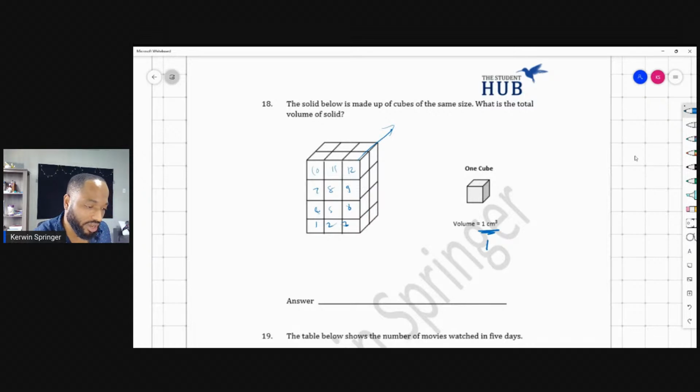Okay, that making sense? Or some people may have done it the traditional way where you have the length, the breadth and the height. So this is 3 blocks, and this is 4 blocks, and this is 2 blocks. So you do 3 by 4 by 2, and either way, everybody should end up with 24 cubes.